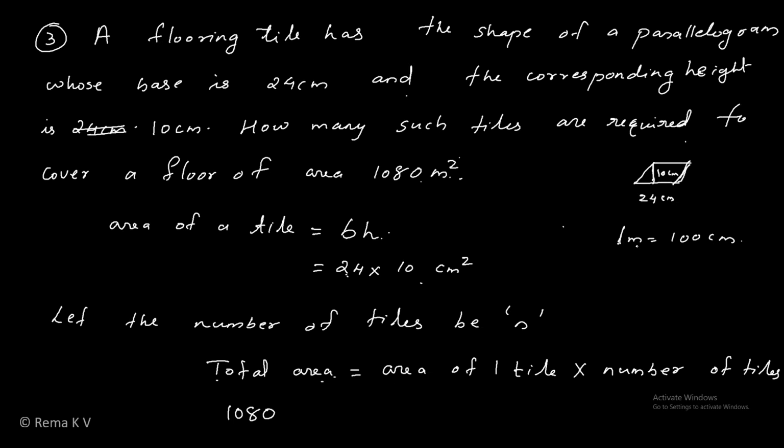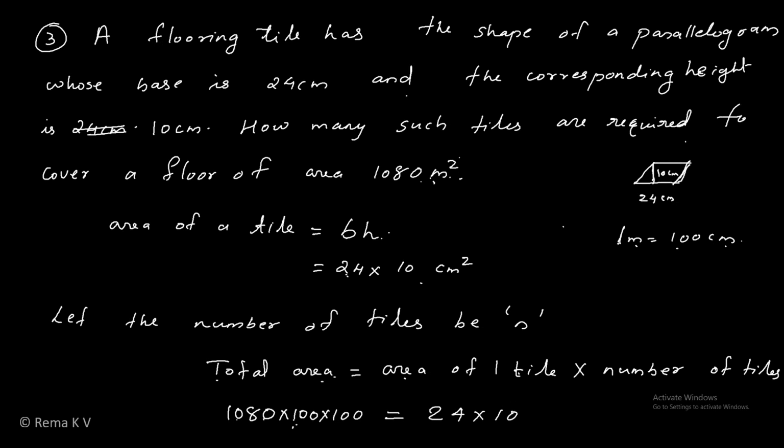So to change this into centimeter square, we are going to multiply this with 100 into 100. This is equal to, area of one tile is 24 into 10.